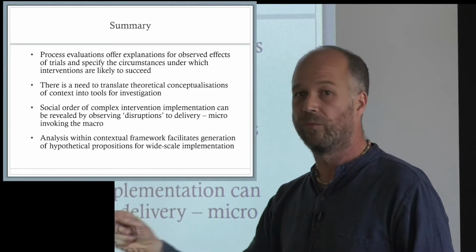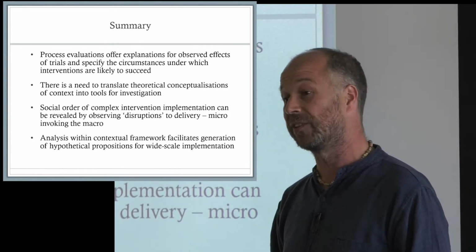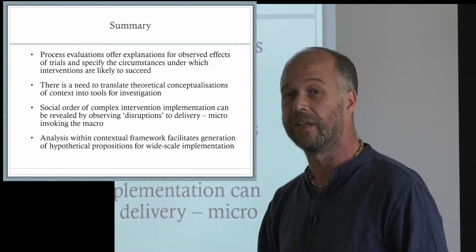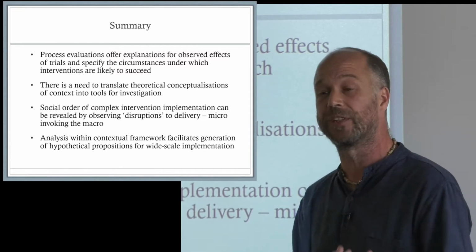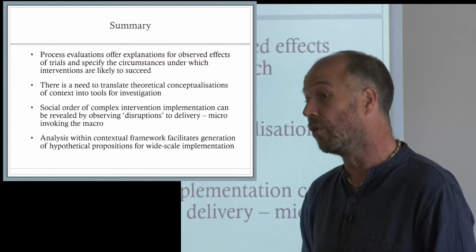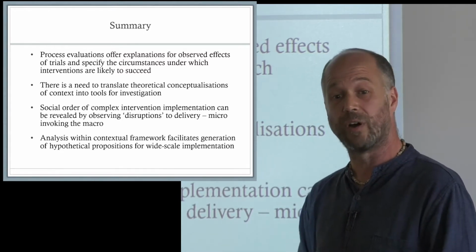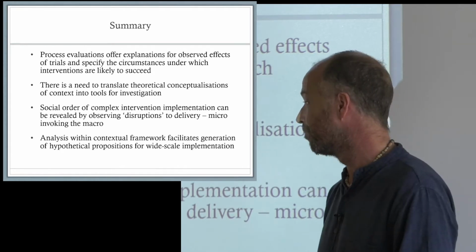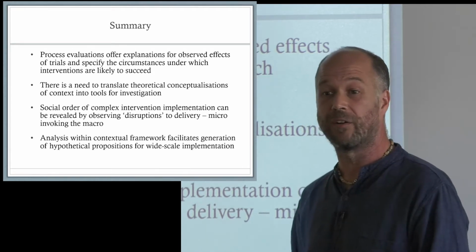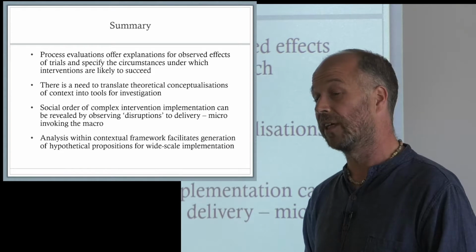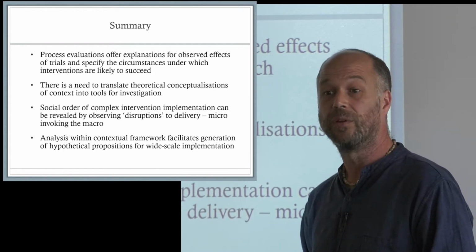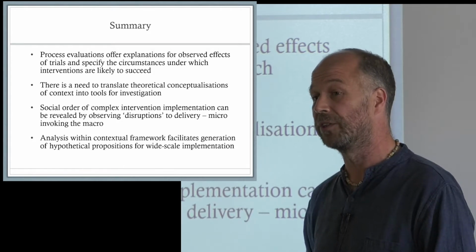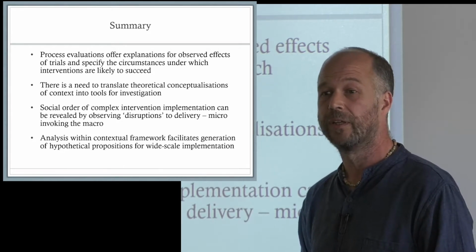And so I think one way in which you can do that is by searching for these disruptions and the power of texts, because texts go on journeys, and disruptions expose something much more than the individuals involved and how they're performing. And if you can do that, then you can generate theoretical generalizations for improving implementation that are about changing the healthcare system as much as changing the intervention itself. Thank you.